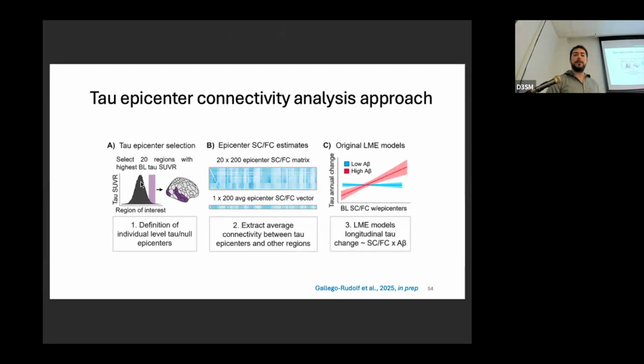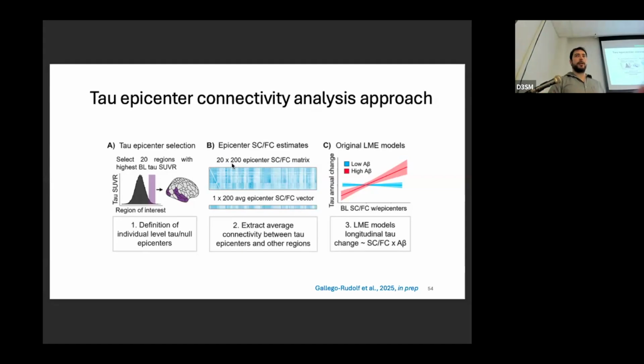So in order to define the epicenters for each participant, which was the first step, we sorted the 200 Schaefer atlas regions based on the baseline tau SUVR, and we selected the top 10%, or 20 regions, that had higher baseline tau SUVR. So for example, it could be that we selected these 20 regions. Then we go to each of our connectivity matrices. This is done separately for each modality at this stage.